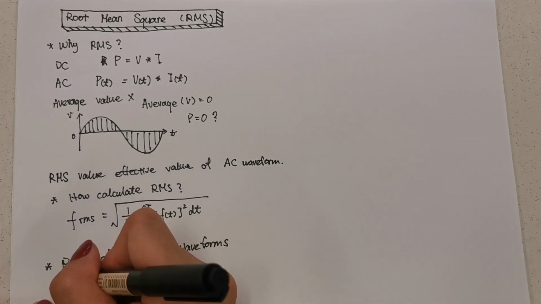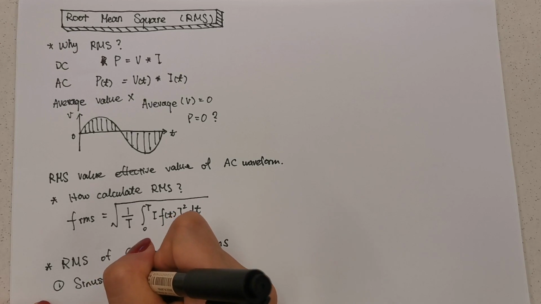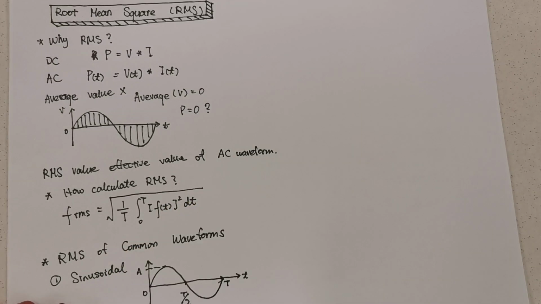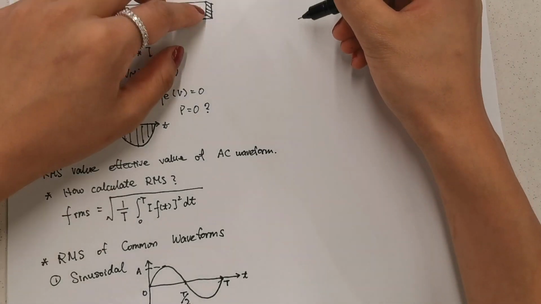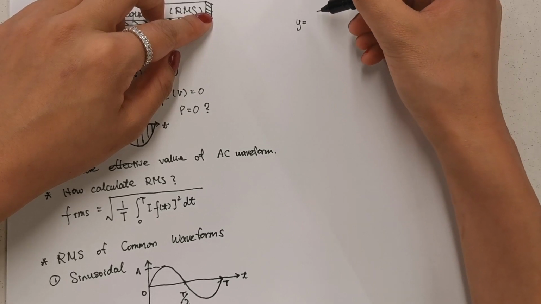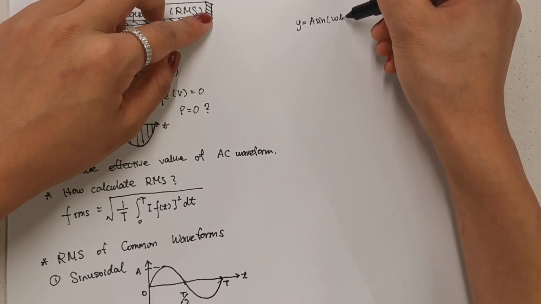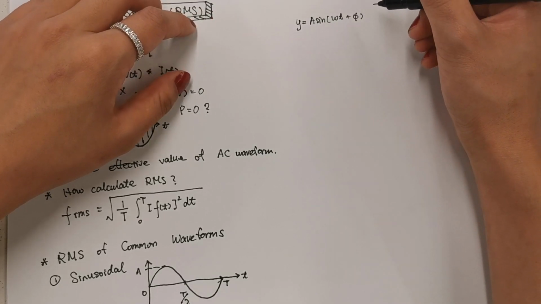The first one we're going to talk about is the sinusoidal waveform. As we talked about in the first video, we can use y equals A sine omega t plus phi to describe the waveform.